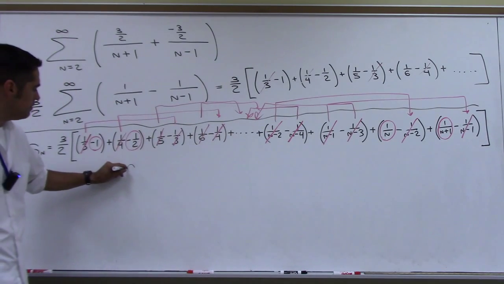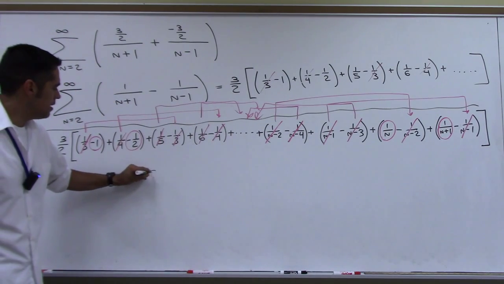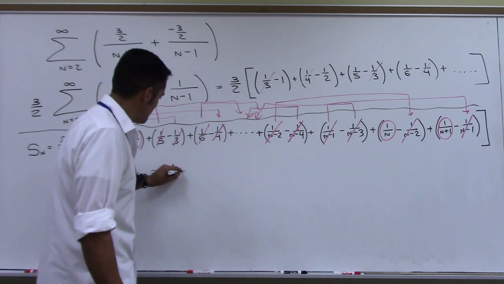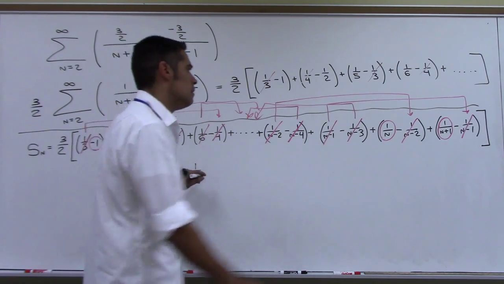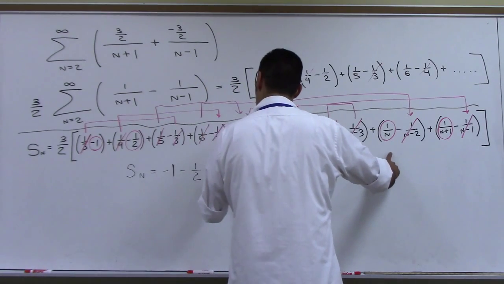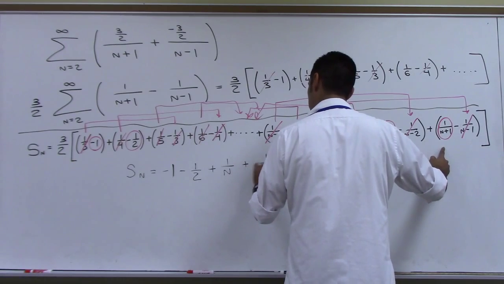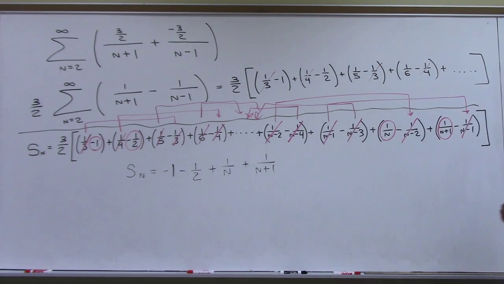So S sub n is equal to whatever's left: -1, minus 1/2, plus 1 over n, plus 1 over n plus 1. Let n go to infinity now, right?